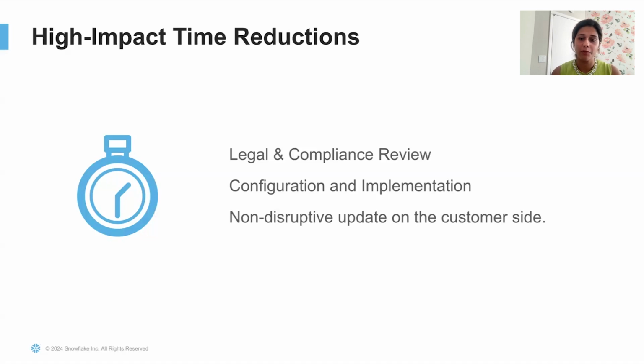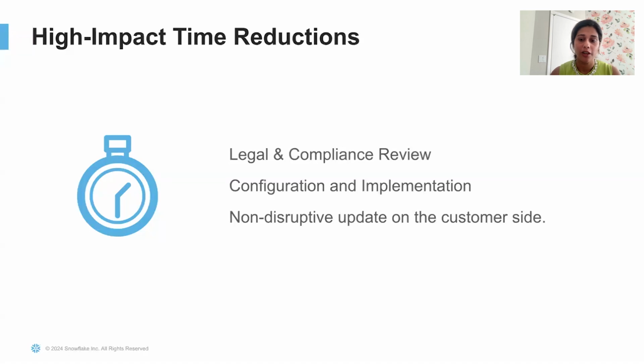What actually simplifies it is that the creation of databases, compute pools, all of that stuff is very seamless when you come to Snowflake. And the final part is the non-disruptive update on the customer side. Traditionally, upgrade rollouts of new versions of apps can take hours to a day, and sometimes they can be disruptive. In case of Snowflake native apps, none of that gets involved. There is no downtime for app users, and it is as seamless as it can get.